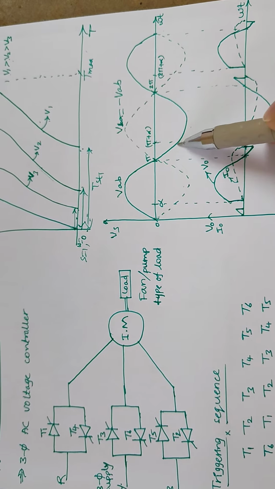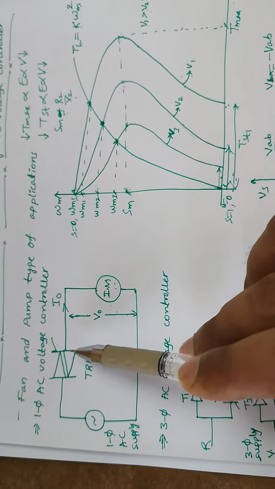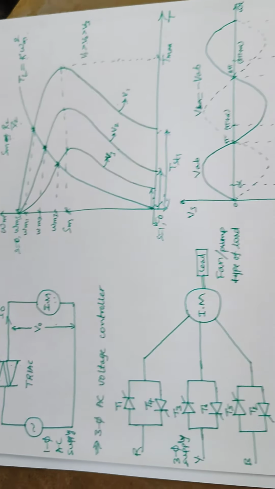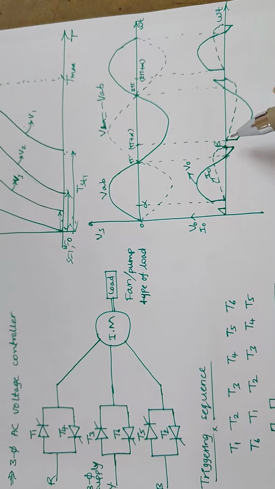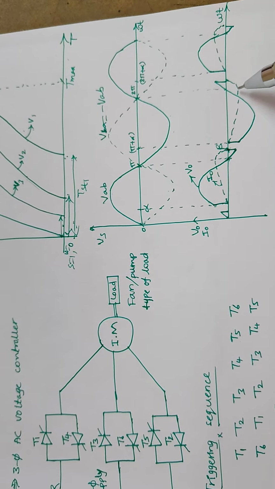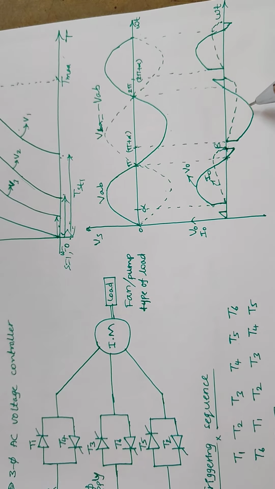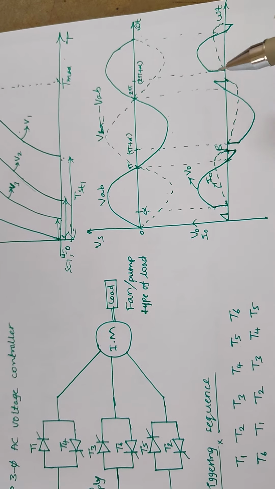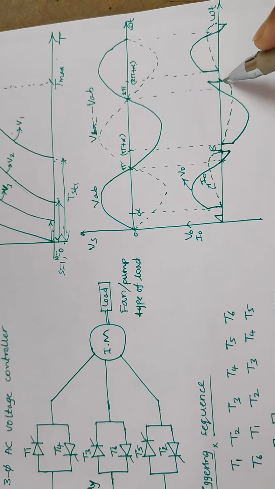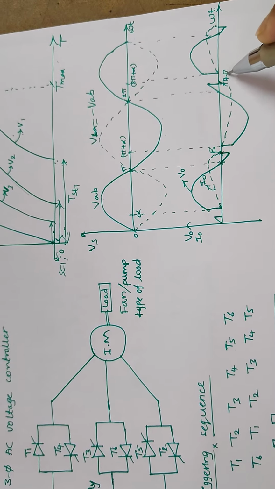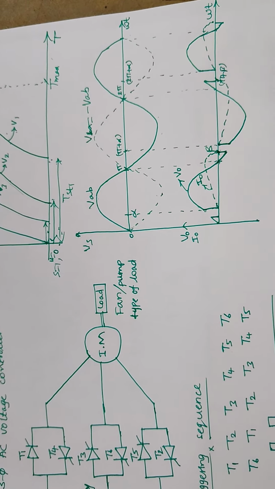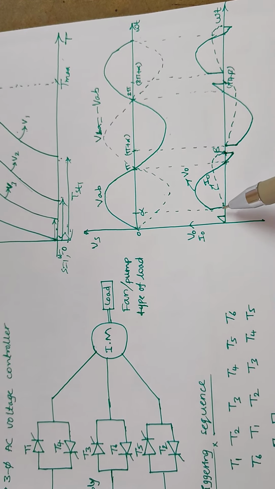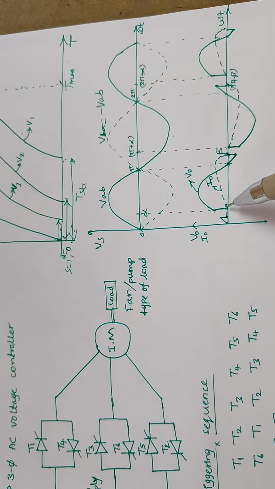At pi plus alpha, the other thyristor, as in a triac, works for forward bias as well as reverse bias equally. From here onwards the current again charges and discharges, so the voltage extends into the positive region till pi plus beta, and the cycle repeats.